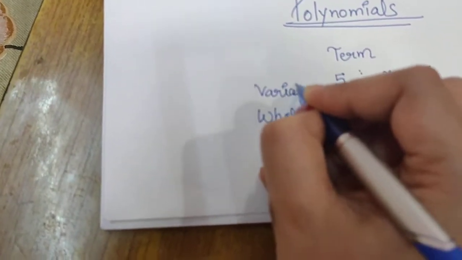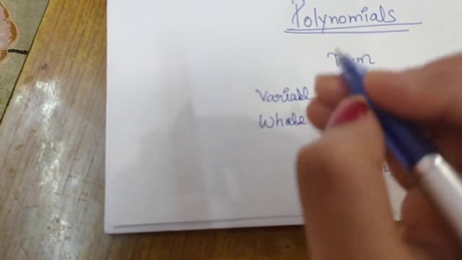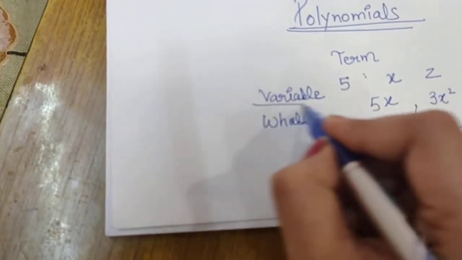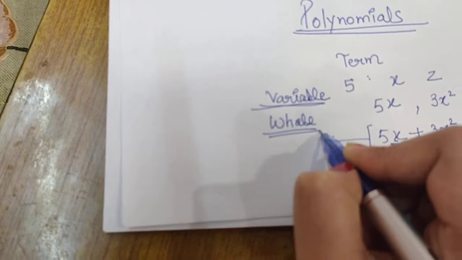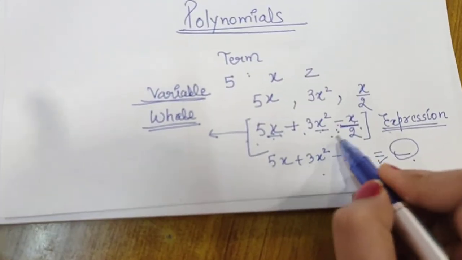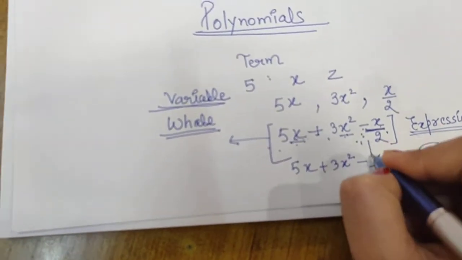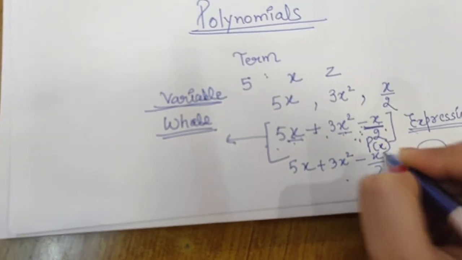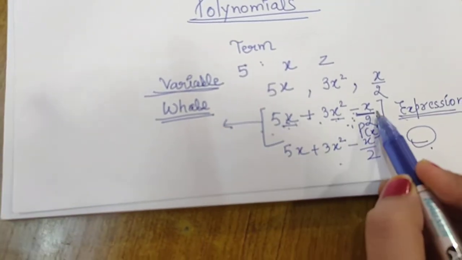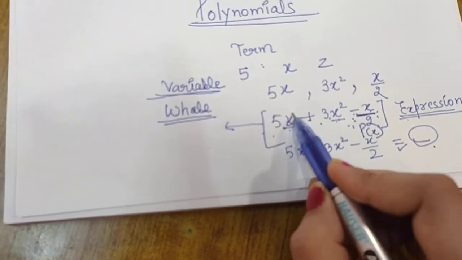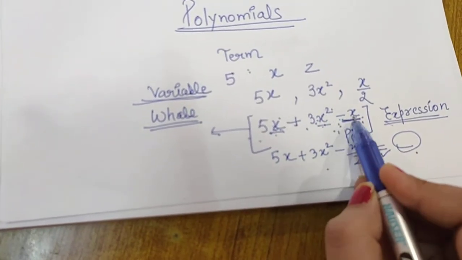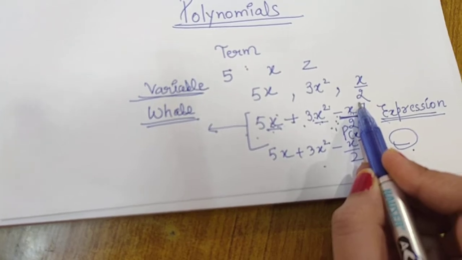only the variable, not the constant, in any expression is a whole number, then that expression will be called a polynomial. And in this expression all variables have power in whole numbers. This x power is 1, this x power is 2, and this x power is also 1.